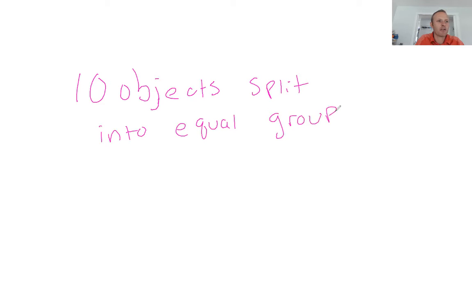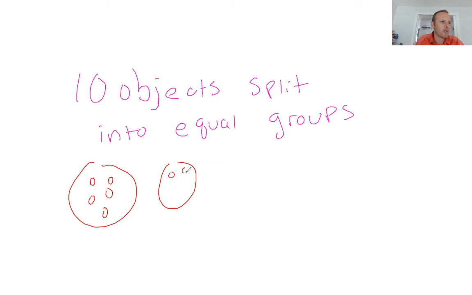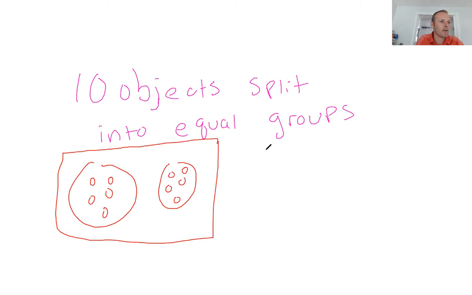And you might be asked to show how to do that. Well, there's a couple of different ways you could do it. You could have 2 groups of 5. 1, 2, 3, 4, 5. 1, 2, 3, 4, 5. That's one way you could do it.